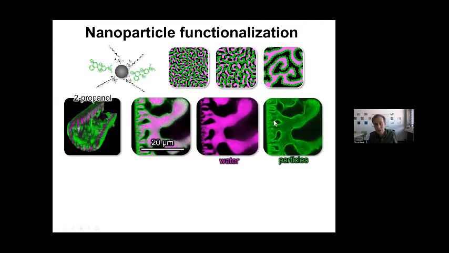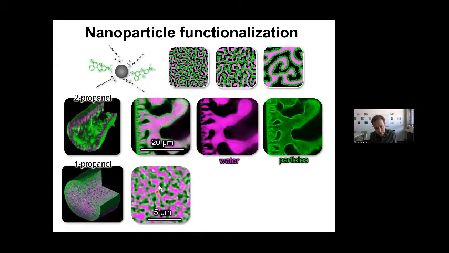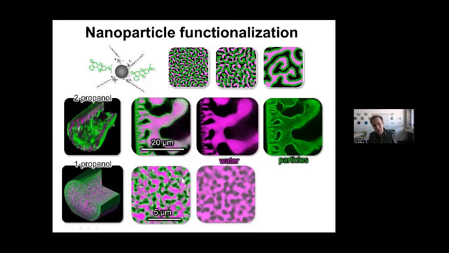But you also see that there are additional fluorescently labeled particles inside the water domain. The particles are also forming an interfacial film, but this interfacial film comes with additional aggregated particles that are in the oil domain, not as for the 2-propanol system in the water domain.